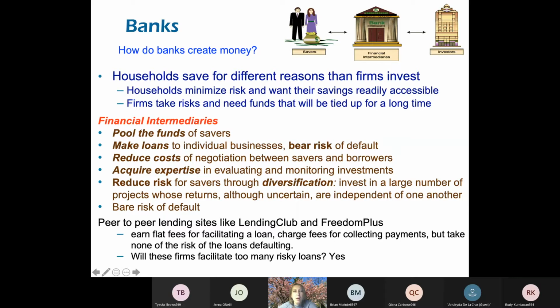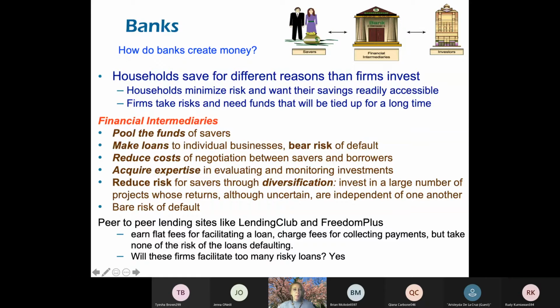Nowadays there are new age financial intermediaries that also look like banks, almost act like banks, not quite. Peer-to-peer lending sites, the crowdfunding sites, although crowdfunding is not really an intermediary. Examples are Lending Club and Freedom Plus.